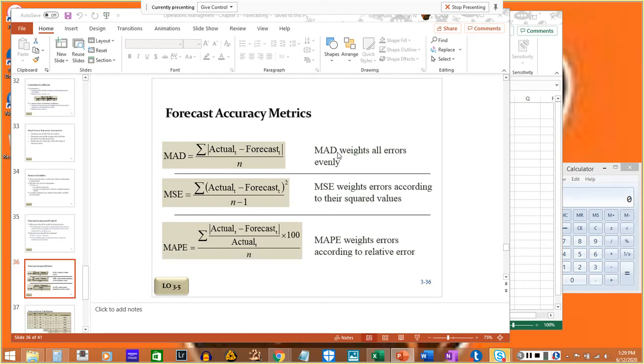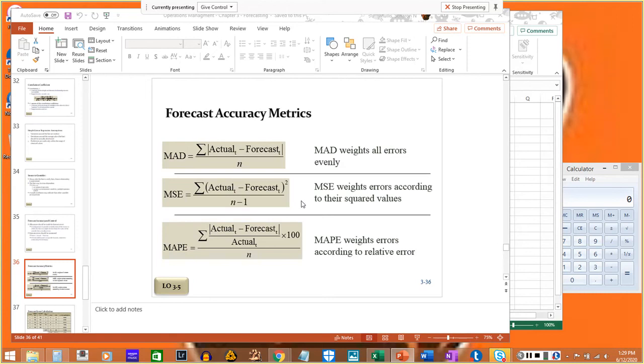This pretty much is the average absolute forecast of the errors. The next one would be the mean squared errors. So this is the average of squared forecast errors. So you're going to multiply whatever this number is by 2. You're going to multiply it by itself.